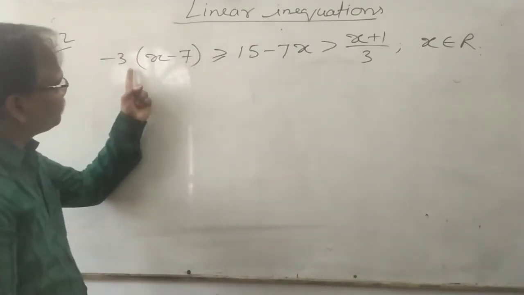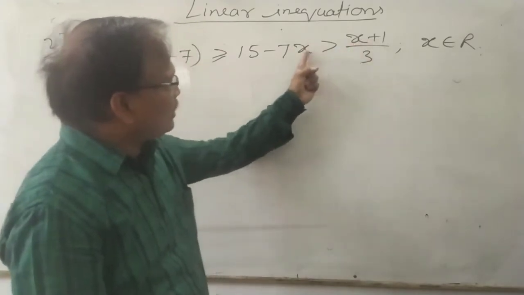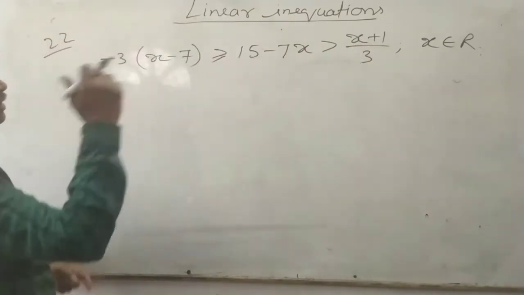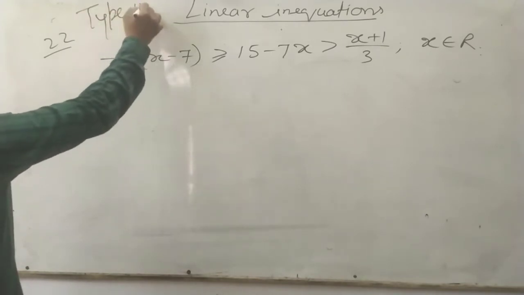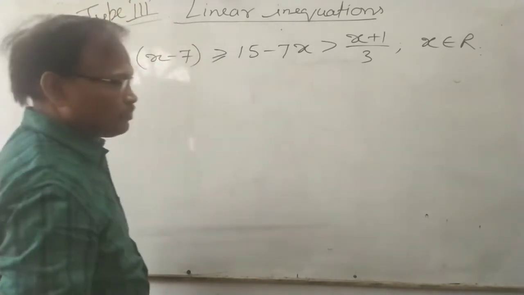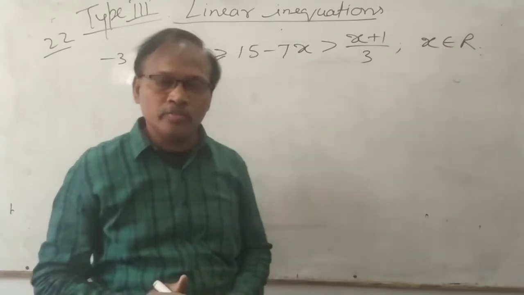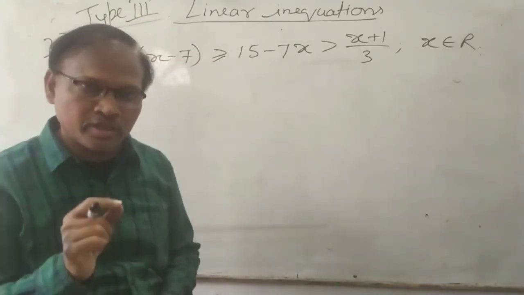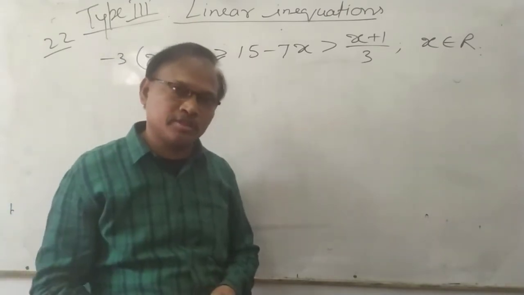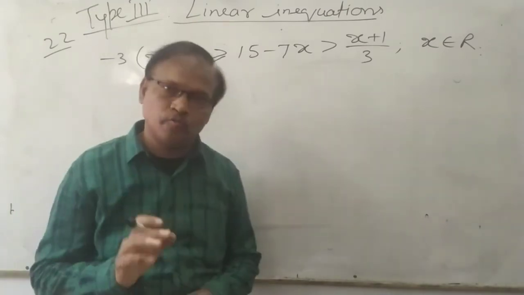You can see the variables are present in all the sides. How to solve? This is the type 3. तो ये जब क्वेश्चंस मिलेंगे तो if you solve the exercise you will get the same type of questions in exercise 4 everywhere.